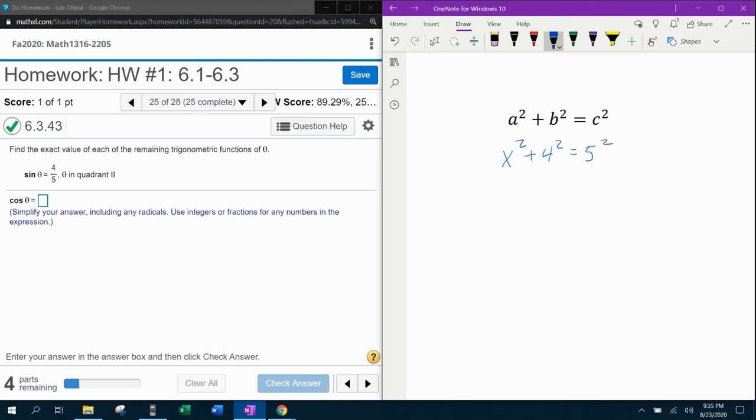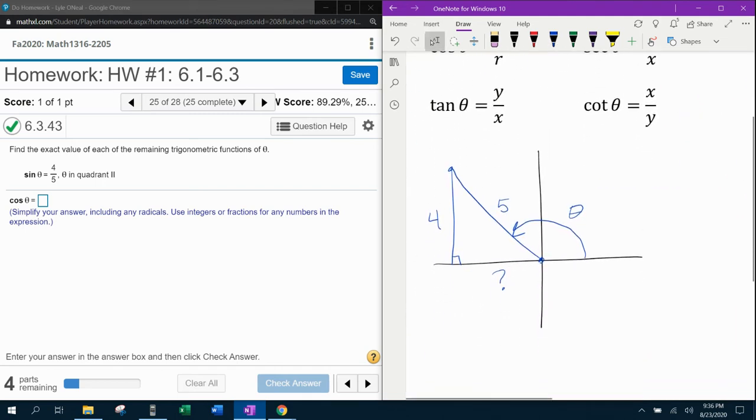And then we just need to solve for x. So taking the 4 squared to the other side is going to make that a minus 4 squared. And that's going to be 25 minus 16, which is 9. Taking the square root of both sides, we can see that x is 3.